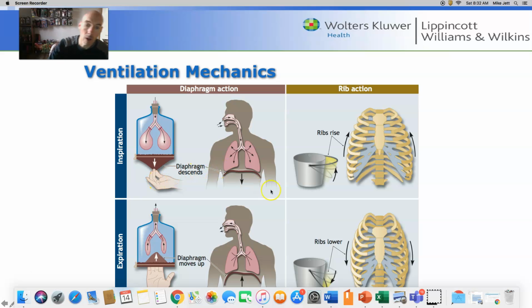Okay. We also have the actions of the ribs that assist in this. When the rib muscles contract, the rib cage opens up, and again, that aids in dropping the pressure in the lungs and pulling air in, right? Then, as the muscles in the ribs relax, the rib cage closes, and that drives the pressure up and forces air out.